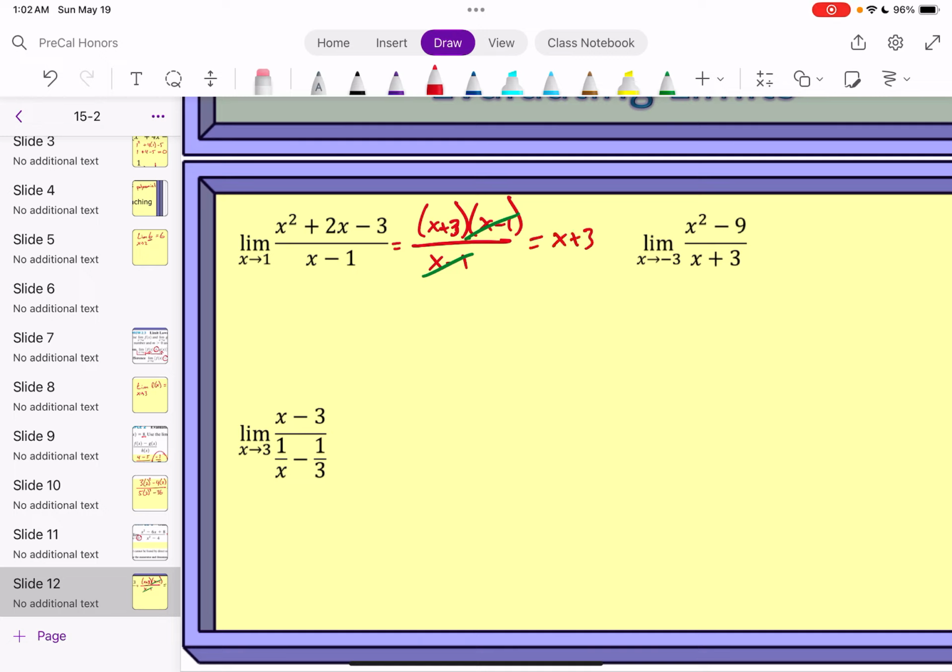We go ahead and plug in 1 for that value. 1 plus 3 is going to give us a final answer of 4 for our first problem. So we know that the limit of x plus 3 as x approaches 1 is equal to 4.